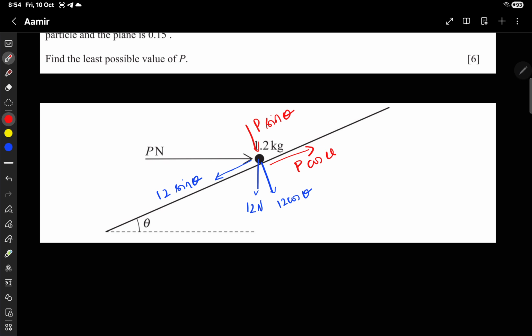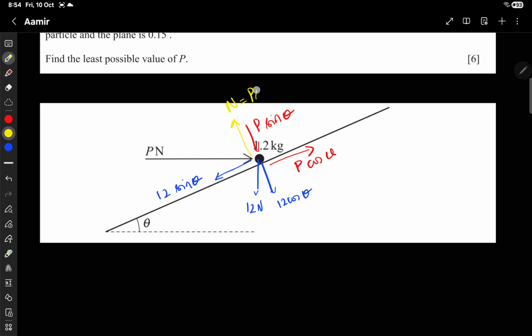So the ball is pressed perpendicular to the plane by P sine theta, and also it has its own weight component, that is 12 cos theta. So the normal reaction will be in the upward direction, equal to P sine theta plus 12 cos theta.